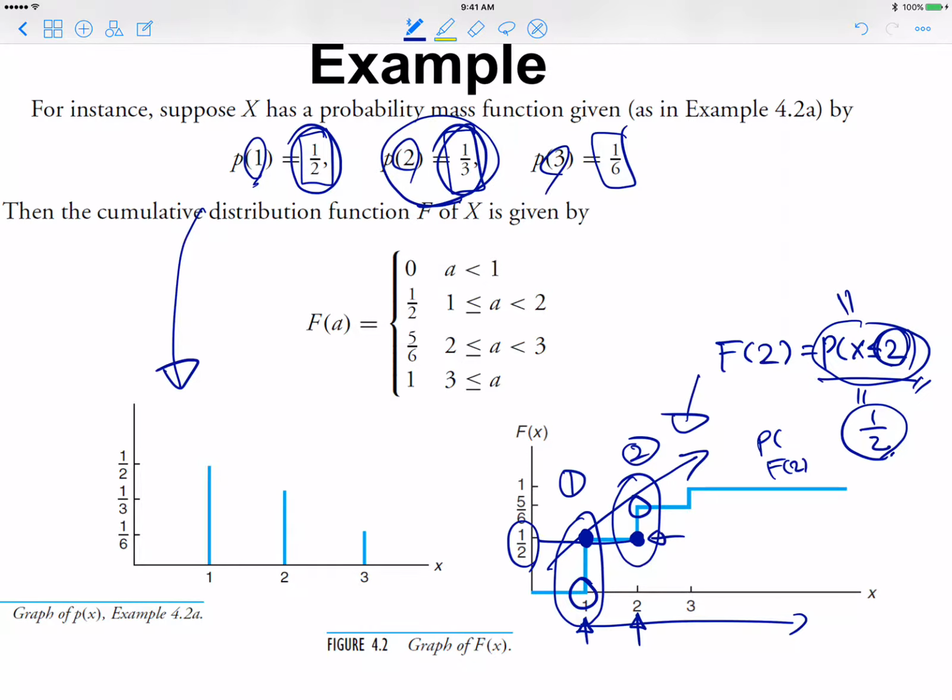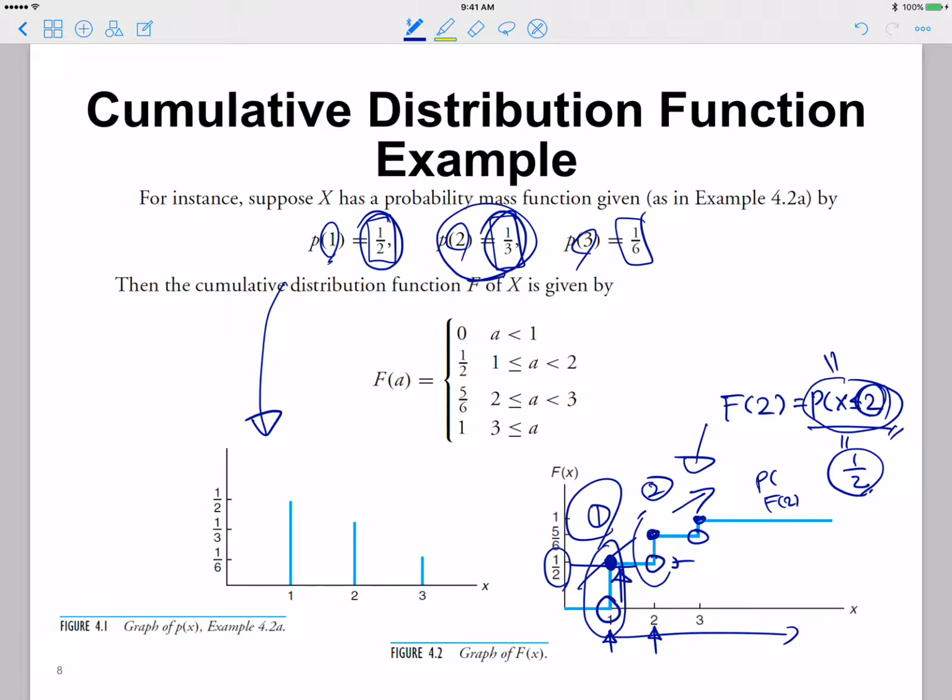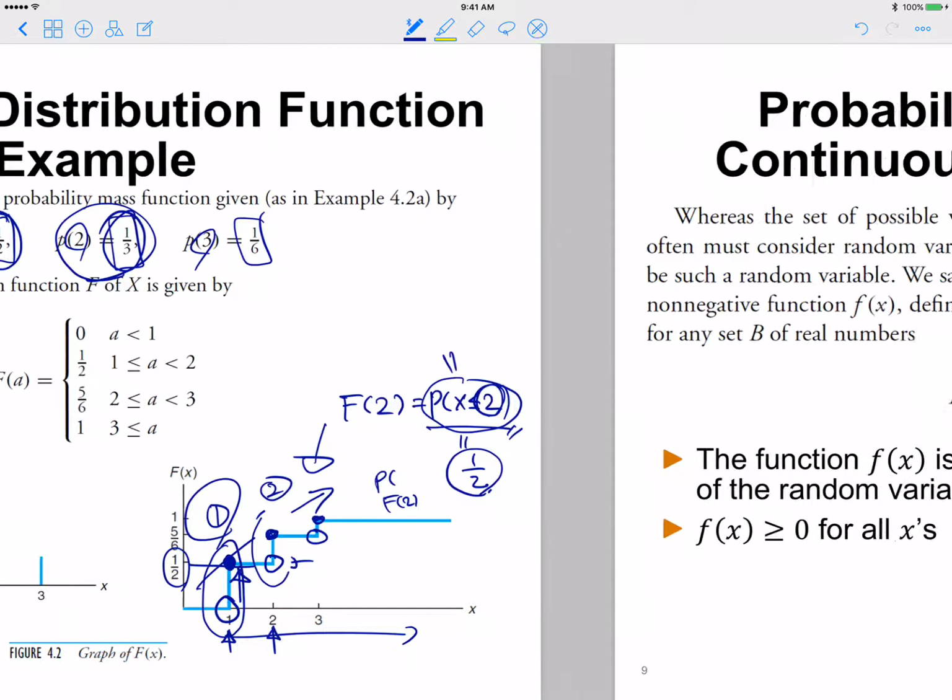And that exact value of 2 is the point where our probability value jumps. So the first case is the correct one. We have to have an empty circle and a filled circle. That is one little property of our cumulative distribution function.